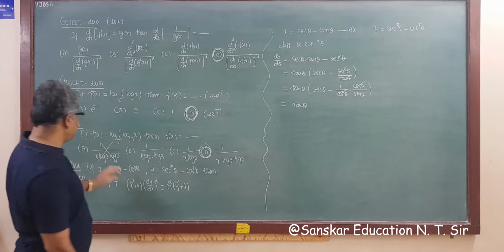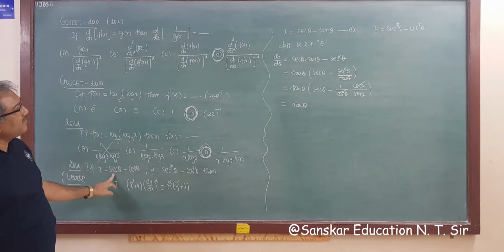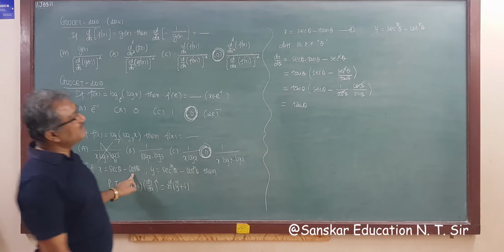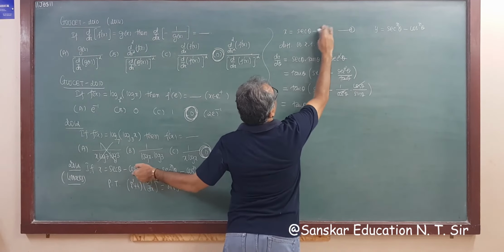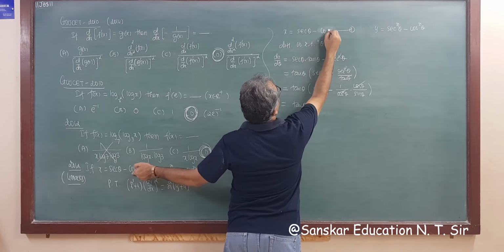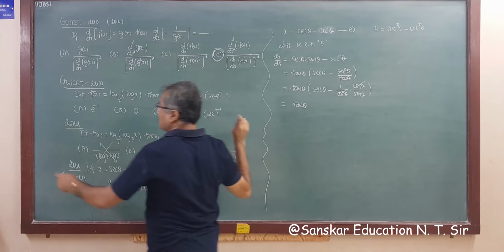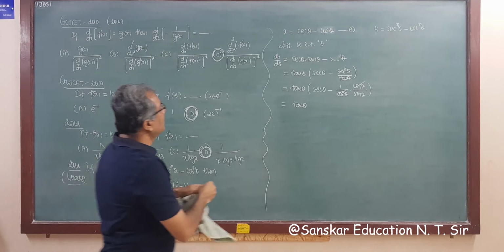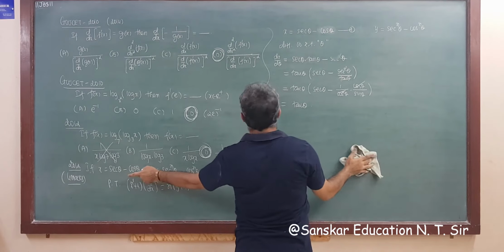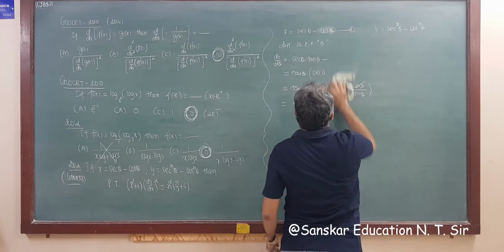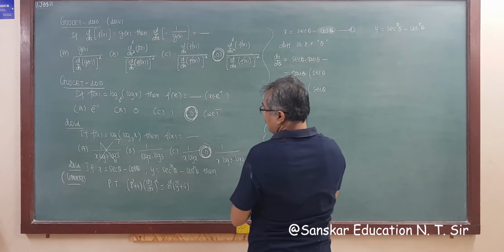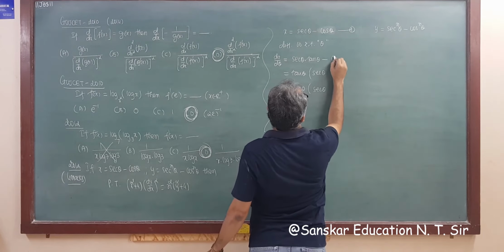See here, we are making a mistake. Sec theta minus cos theta, we are writing tan theta. So this is a mistake, sorry, we made a mistake copying the example. This is sec theta, tan theta is okay. This is cos theta.